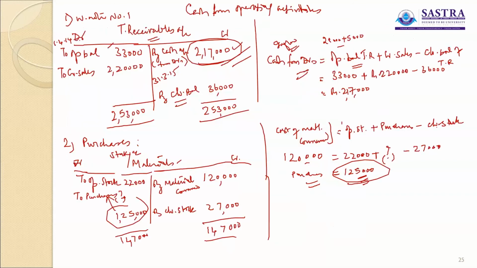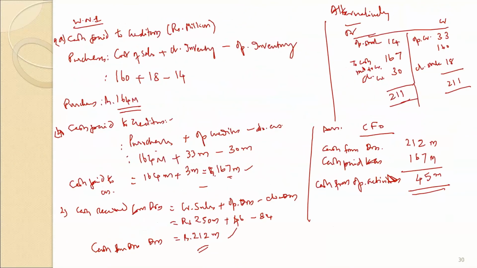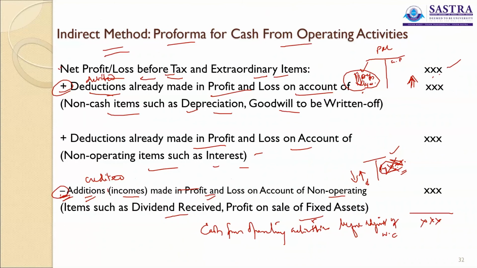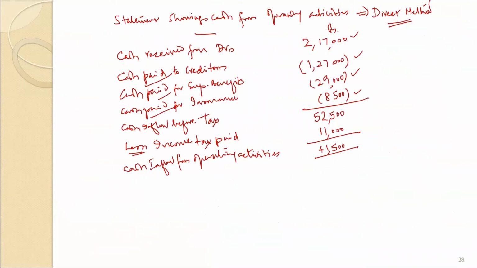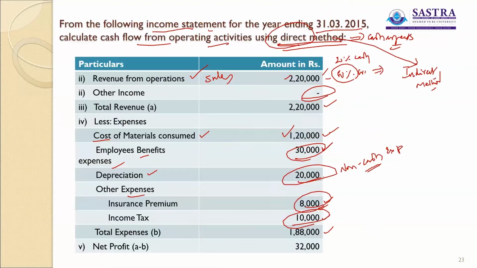So, as per the pro forma, in case of the indirect method, first we have to start with net profit before tax and extraordinary items. So in this question, your net profit is given as rupees 32,000.